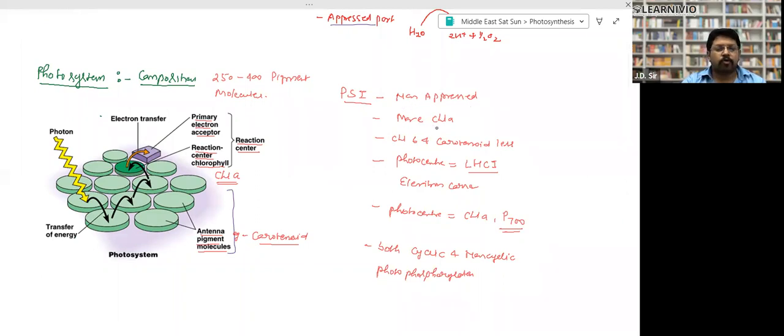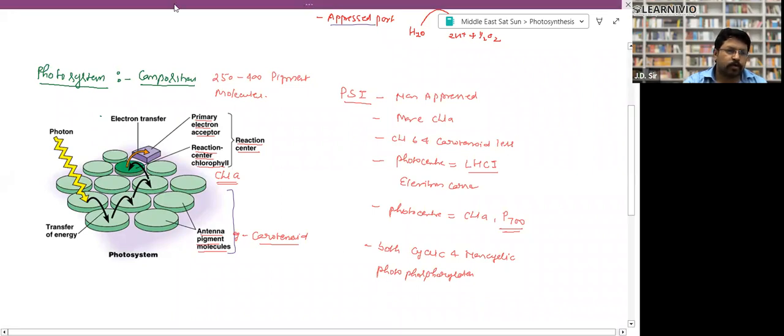It has more chlorophyll A molecules, while chlorophyll B and carotenoid are found in lesser amounts. This is also called LHC1, and this is the photocenter, or reaction center, right? The reaction center is made up of chlorophyll A molecule and P700.